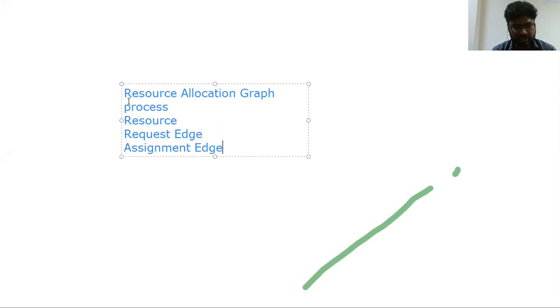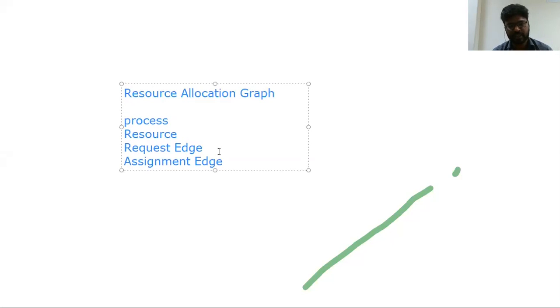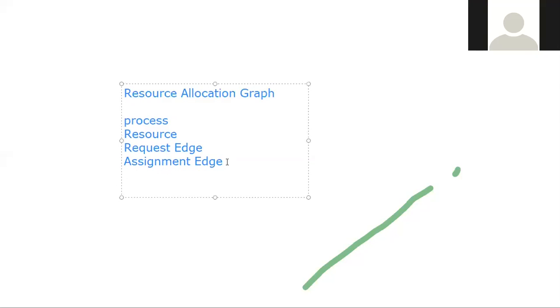These are all the four components of the resource allocation graph. We have to represent the process, we have to represent the resource, and we have to give request edge and assignment edge. These are the two types of edges, which are just an arrow mark.